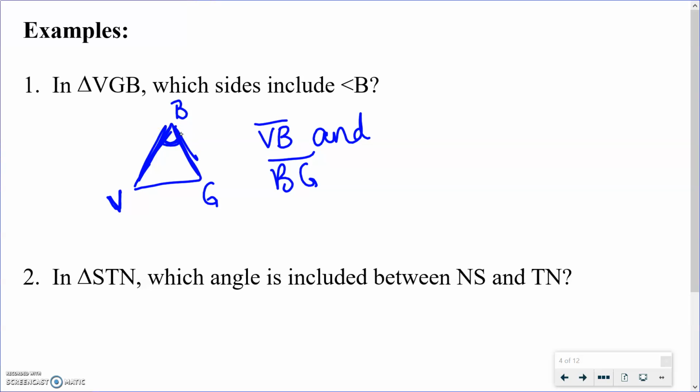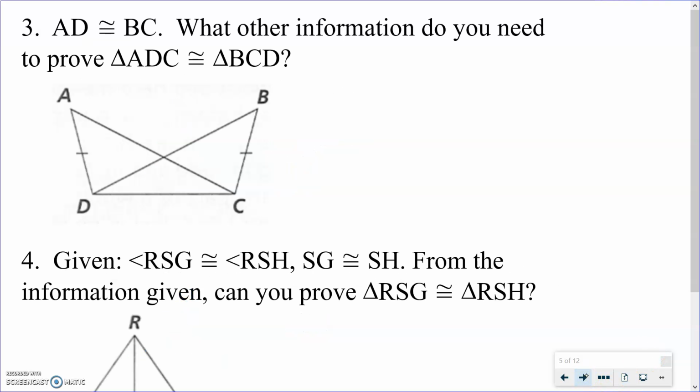Okay? So again, we can draw this triangle STN, and it says which angle is included between NS, so this side, and TN, so that would be angle N, because that is the angle that is formed by those 2 sides. And we can tell that just by looking at the name of the triangle.